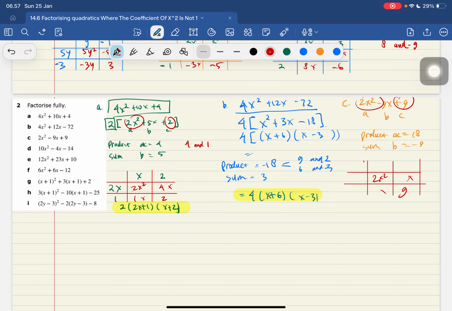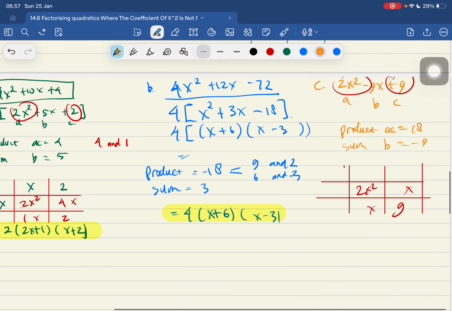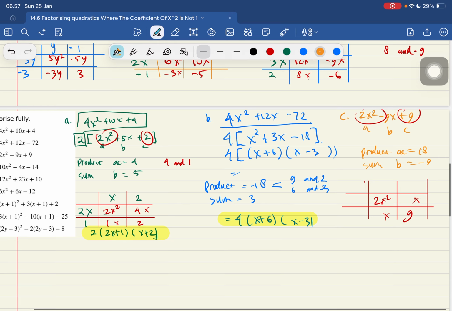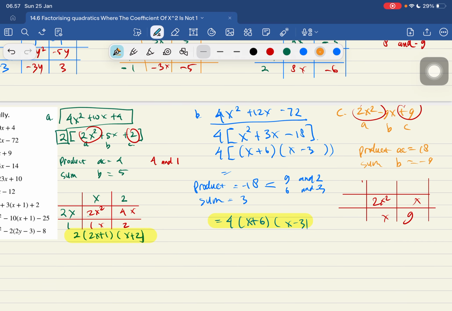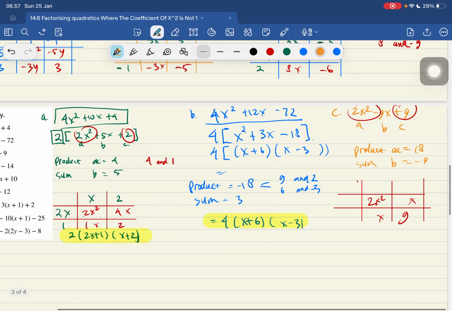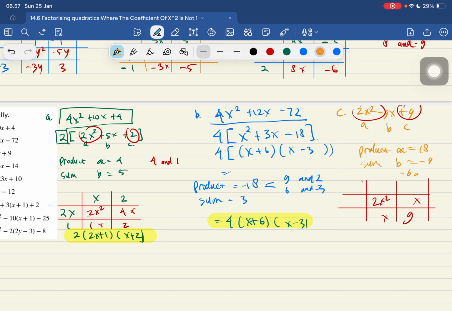So here we need to find these two numbers. What number when we multiply it equals 18? However, the sum is going to be minus 9. Okay, there it is, we got it, which is minus 6 and minus 3. So this is minus 3. This is minus 6.